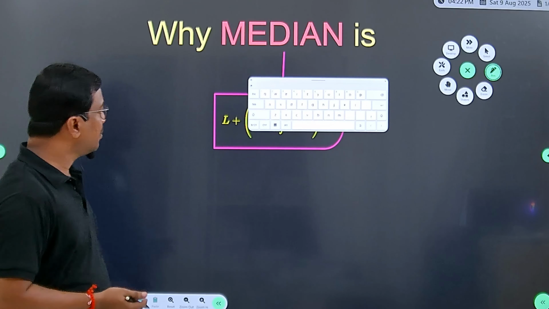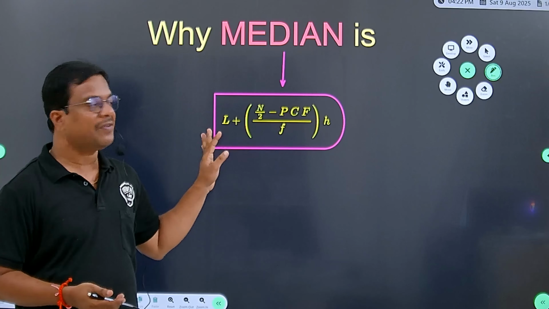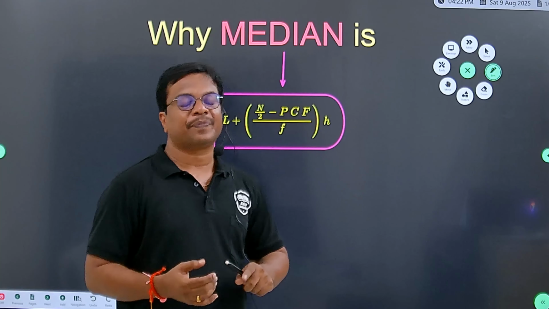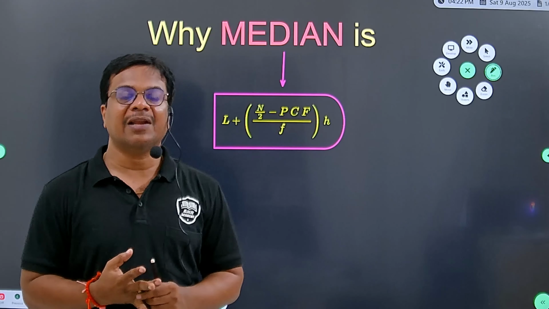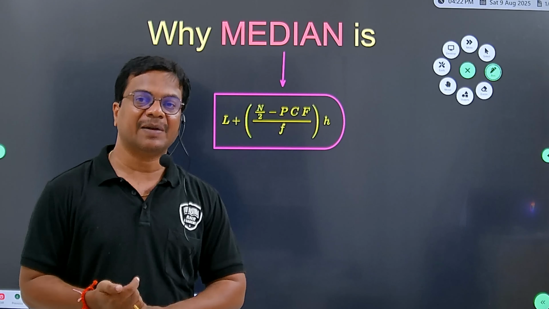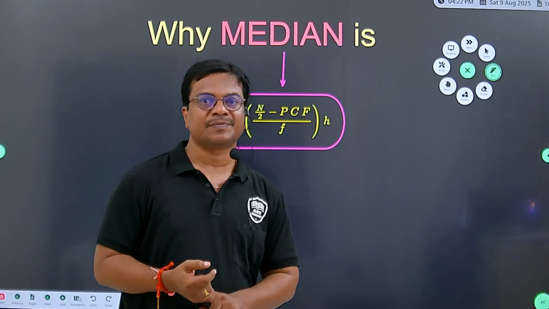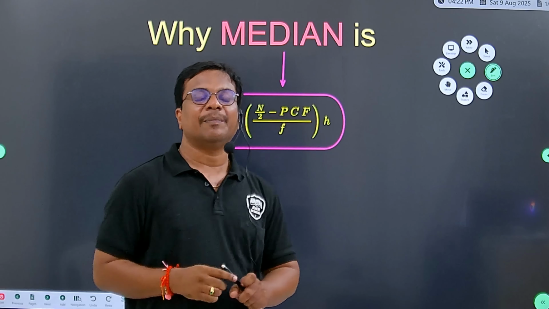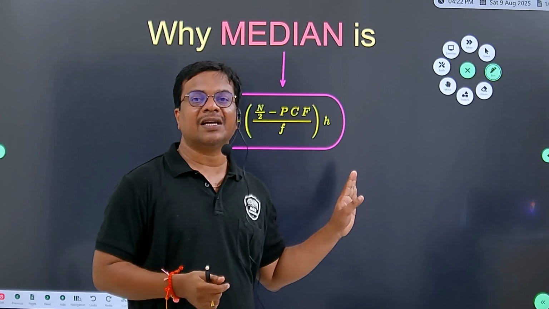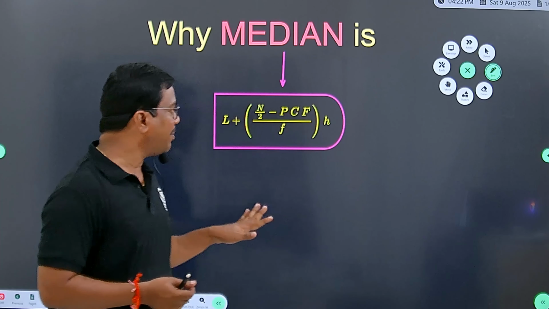We follow L plus n by 2 minus PCF by small f into h. Remember here, the median class can be estimated by calculating the value of capital N divided by 2, where N is the sum of frequencies. The N by 2 corresponding observation is the median of the given data when it is along with class intervals and frequencies, remember.